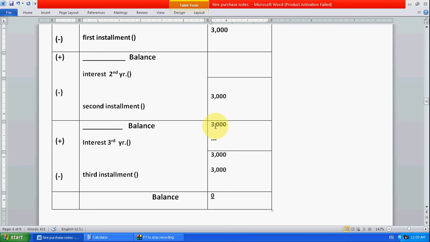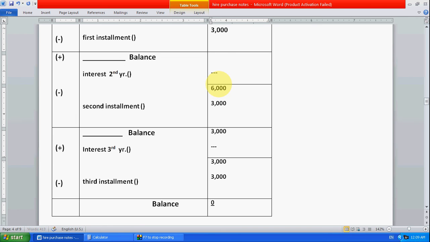After deducting the second installment we got this balance, so before that it was 6,000. There is completely no interest, so the balance was also the same 6,000, because there is no add or less.